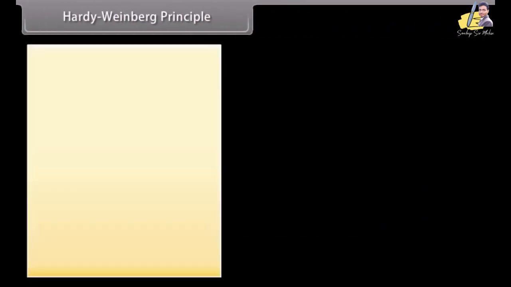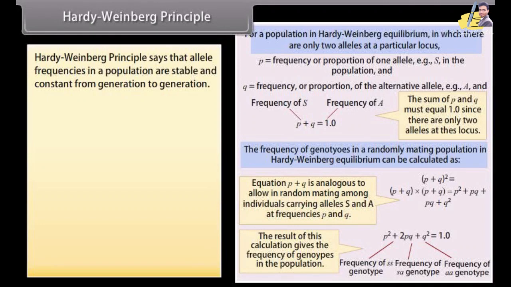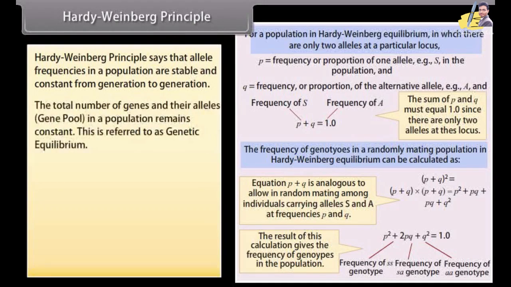Hardy-Weinberg principle. Hardy-Weinberg principle says that the allele frequencies in a population are stable and constant from generation to generation. The total number of genes and their alleles, that is, gene pool, in a population remains constant. This is referred to as genetic equilibrium.